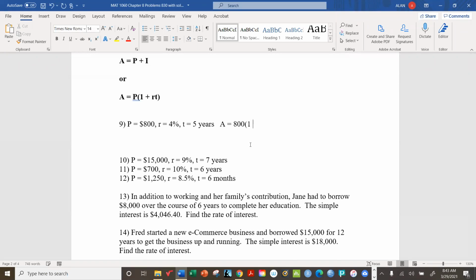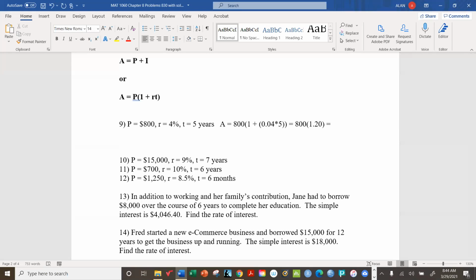800 times 1 plus. Now, in your calculator, this is going to be a little bit more complicated because you have to use two sets of parentheses. So if not, what you could do is simplify before you do any multiplications. So in other words, 1 plus 0.04 times 5 is actually 1 plus 0.2.